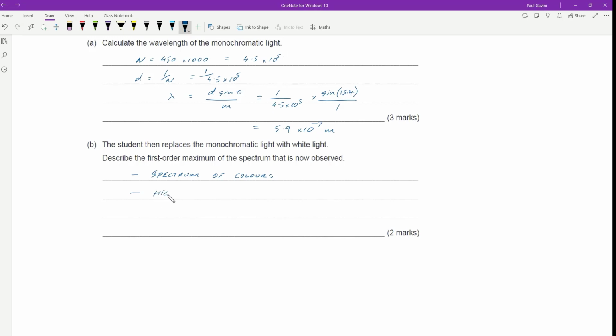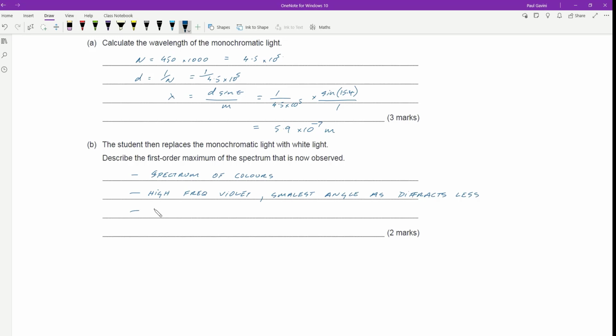The high frequency violet's going to have the smallest angle because the higher the frequency, the less diffraction occurs. The lower the frequency, the more diffraction occurs.